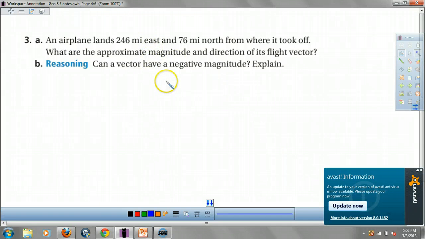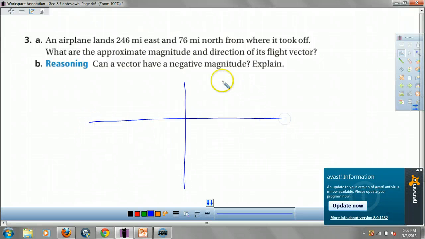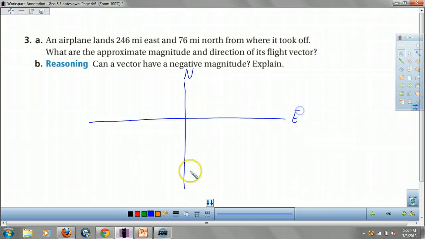An airplane lands 246 miles east and 76 miles north from where it took off. What is the magnitude and direction of its flight vector? I always make an XY coordinate. So we land 246 east and 76 miles north.